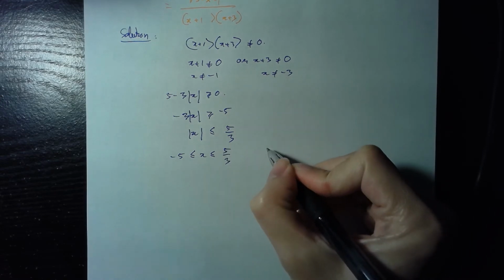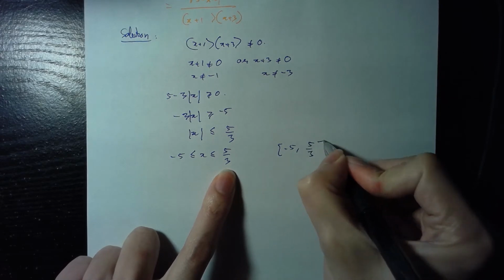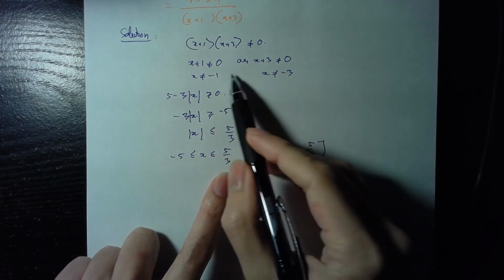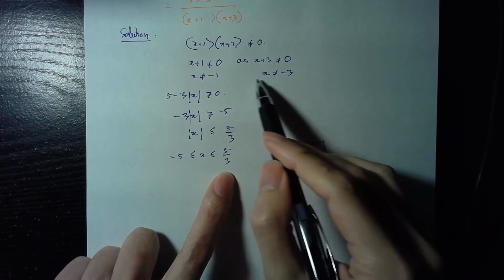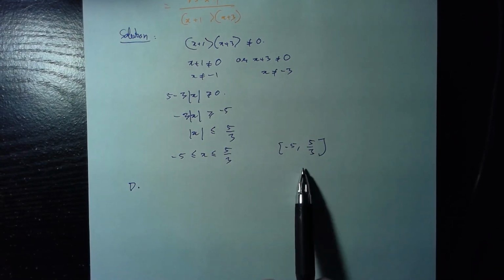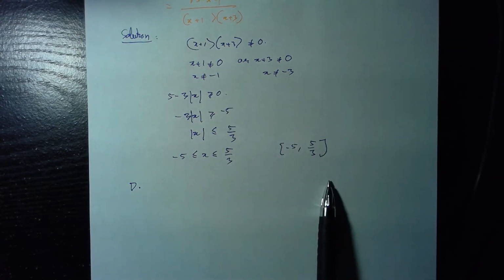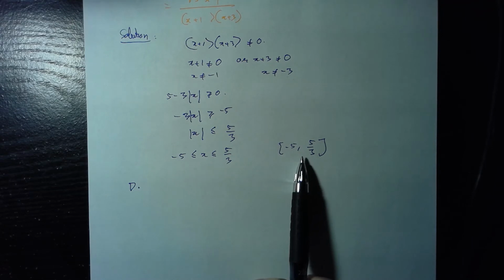So the domain of this part only will be around -5/3, but we have to combine it with the domain here. So the final domain will be everything except for -1 and -3, but we must include this domain also, between -5 and 5/3.